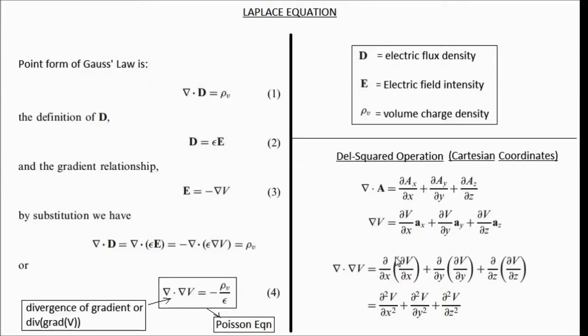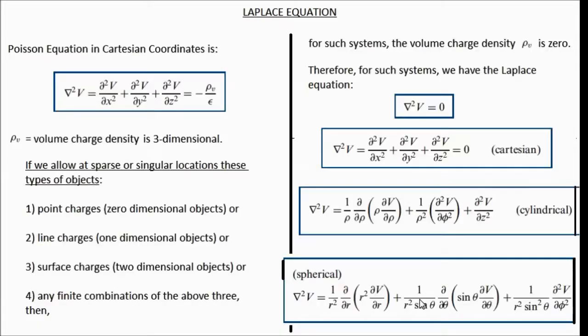Now the divergence of grad works out to be this object here, and this is how the del squared operation looks in Cartesian coordinates. It yields this object. Now the Poisson equation in Cartesian coordinates therefore is del squared V equals minus rho V by epsilon.